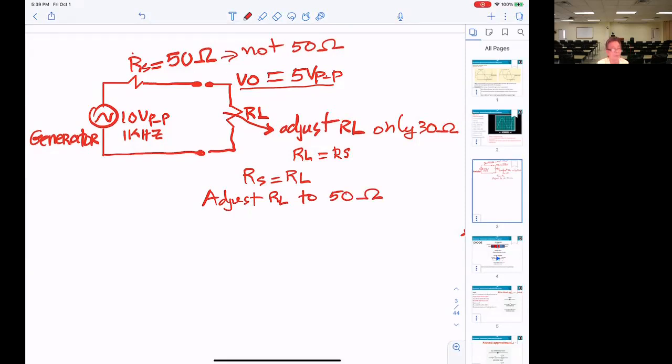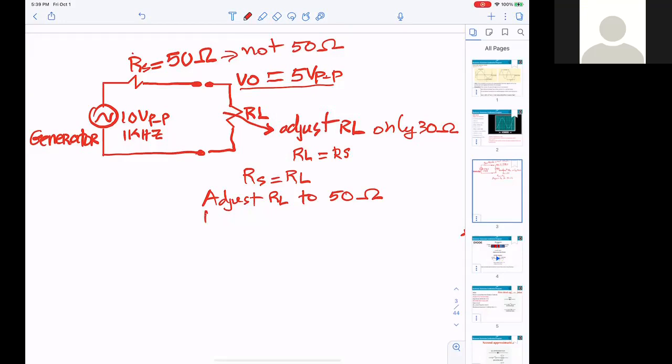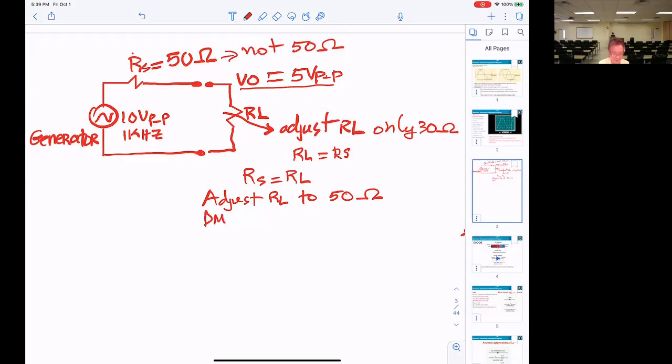How can we do? Measure the output from RS and generator and see what the drop should be. No. Right now I say, first thing I want you to adjust RL to 50 ohm using DMM.